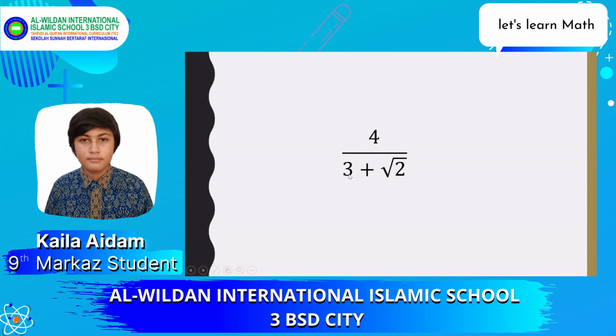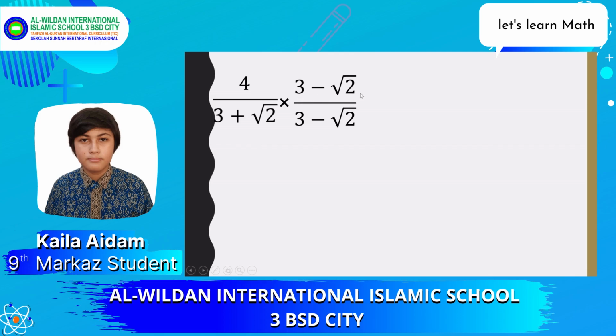So to remove the radical number from a binomial denominator, we multiply both the numerator and the denominator by the conjugate of the denominator. So the conjugate of 3 plus square root 2 is 3 minus square root 2.